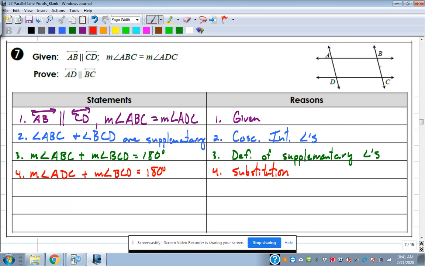So that's this angle, and ADC is this angle. What are those 2 angles now? They're supplementary. So angle ADC and angle BCD are supplementary by definition of supplementary angles.